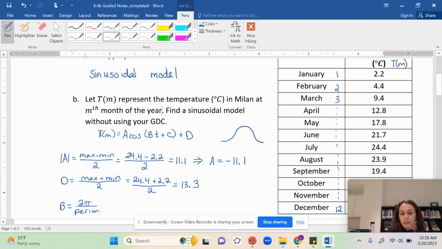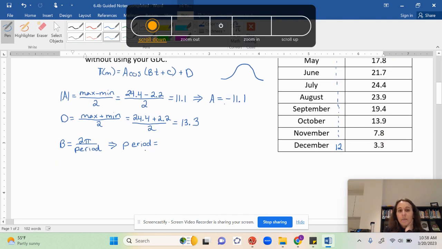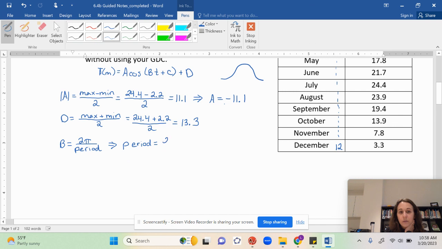Well, it also makes sense then, we can rearrange this formula to know that period is equal to 2 pi over B. I can multiply by period on both sides and divide by B. So period is also equal to 2 pi over B, and that's going to be useful. Either one of these formulas can be useful.